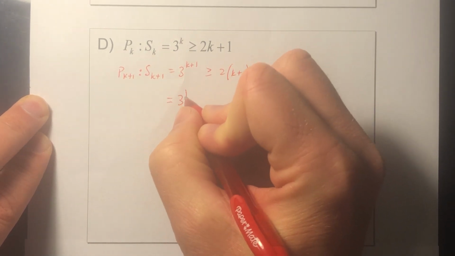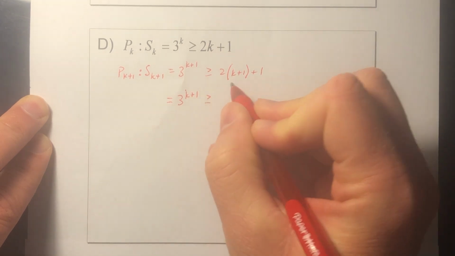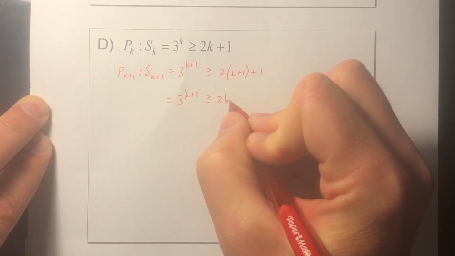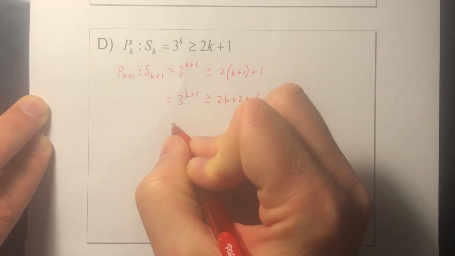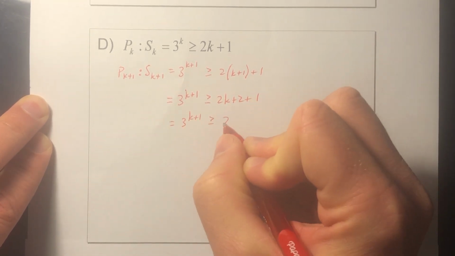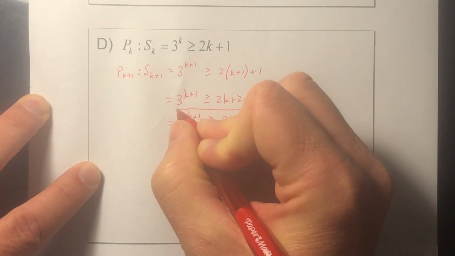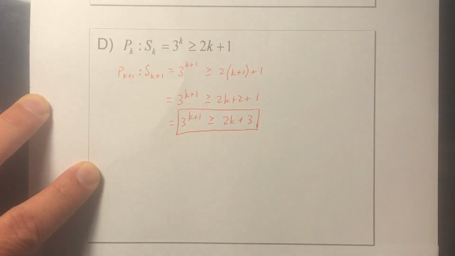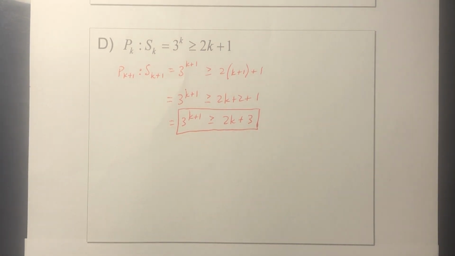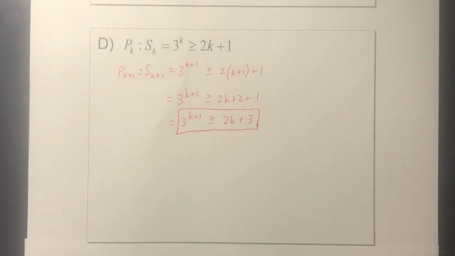Now when we clean this up, make sure that k plus 1 is your exponent. Distribute the 2. And that will give you 2k plus 3. Okay, so these are the easier examples. Just replace each k with k plus 1, and then take your time when doing it.